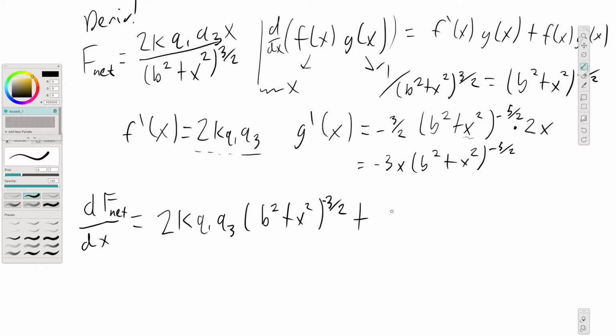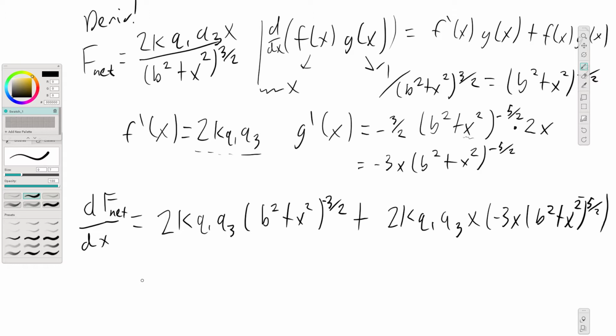Then my f of x, originally garbage, times x multiplied by my g prime of x, which is this value. So in total, I have kind of a mess, but it's a correct mess. A mess made of garbage and correctness.